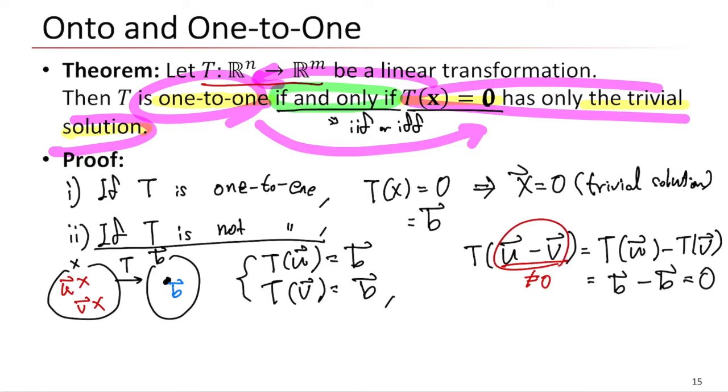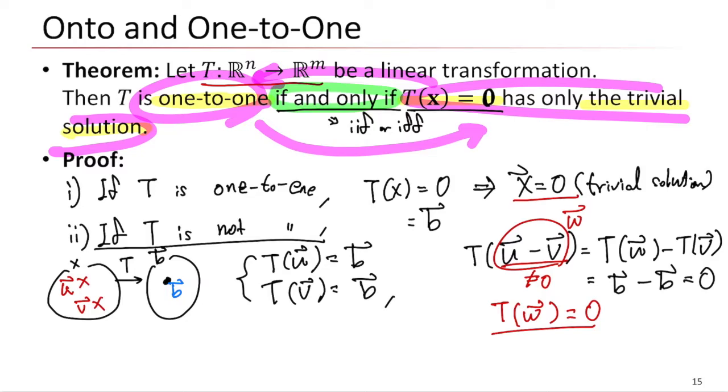Okay, let's say this is the new vector w. So Tw is equal to 0. So what does it mean? The equation Tx equals 0 has more than one solution.